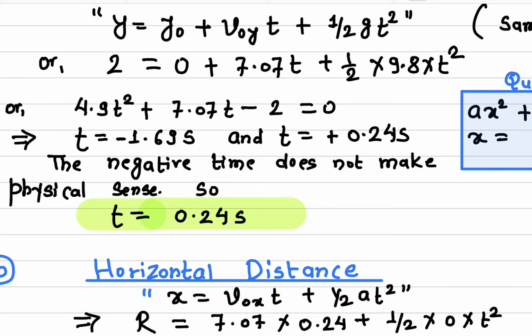So in this problem, although it does not make sense, it does have a meaning: if you had launched the projectile at an angle theta in the upward direction, then this time would make perfect sense, or it would be a part of your solution. But for this particular problem, this is the only feasible solution.